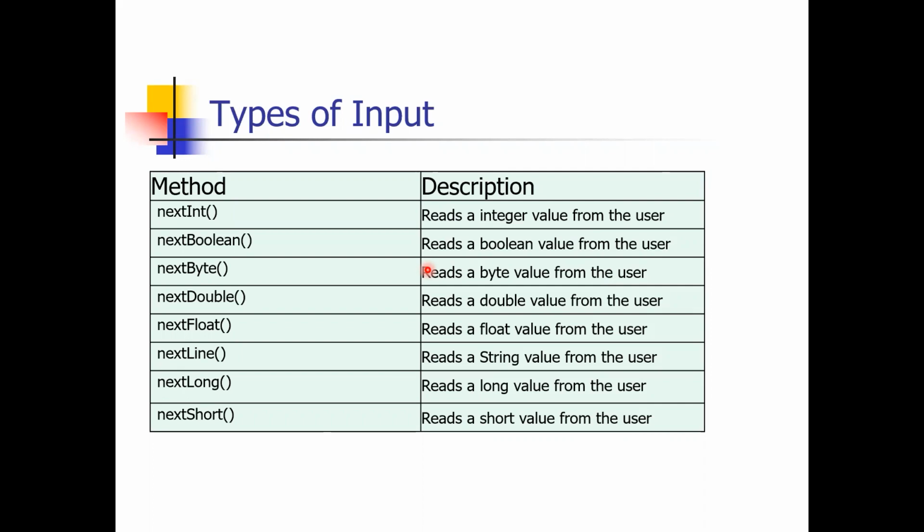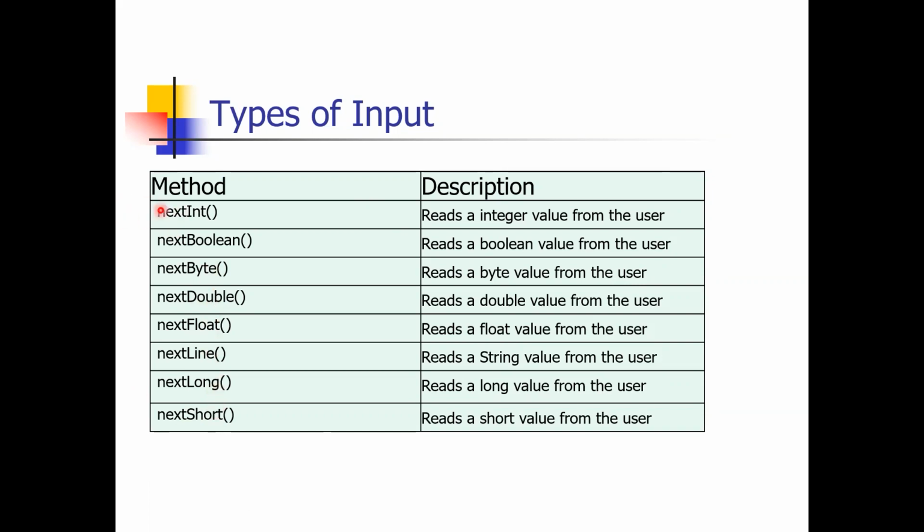Now, the input can be of different types. In the previous lecture, we learned different primitive data types: int, byte, short, long, and so on. So if we are using a scanner, how do we define that this value is int, this value is boolean, this value is byte, double, float, long, short?